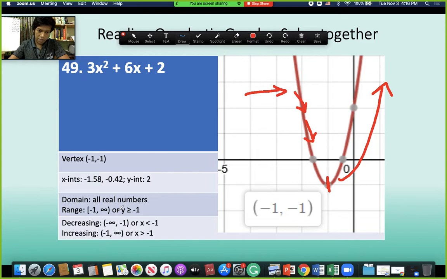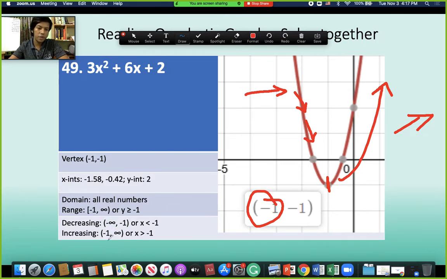Increasing is from -1 to plus infinity. You have to always look at the x value for increasing and decreasing. That means from -1 to plus infinity the graph is increasing, and from minus infinity to -1 the graph is decreasing.